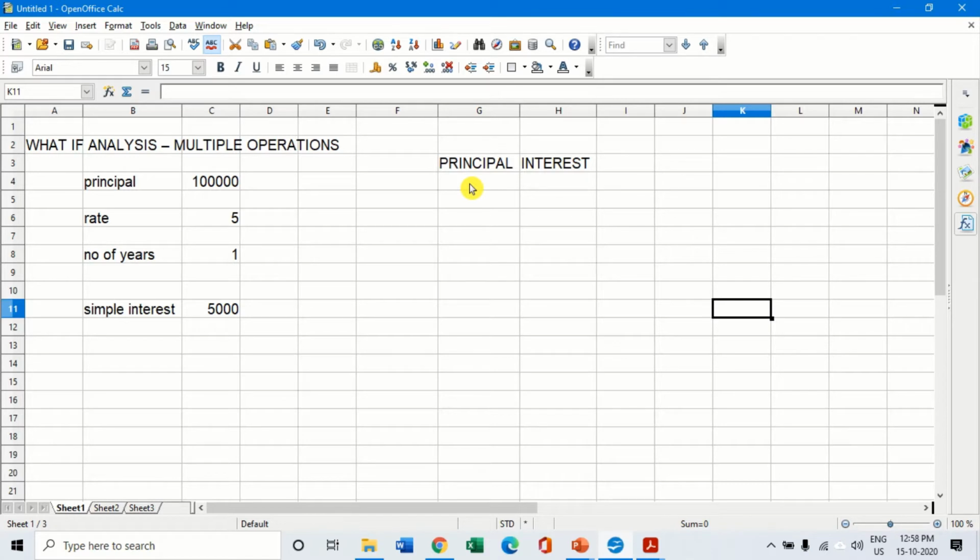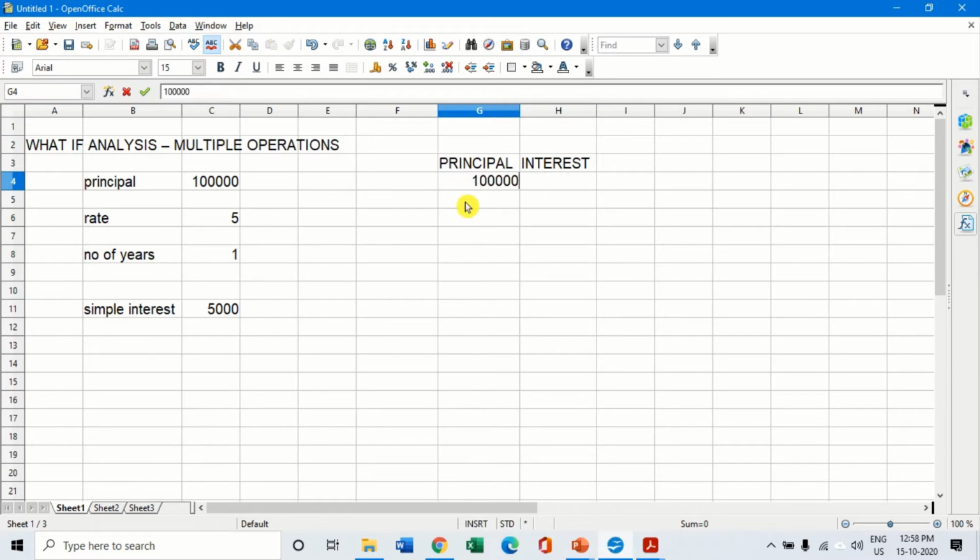So here now I have got the same formula: principal, rate of interest, number of years, and the simple interest is calculated using the formula over here. Now here, if I want to find out what would be the change with multiple values but in different locations. So let's take 2 lakhs and 3 lakhs and so on.